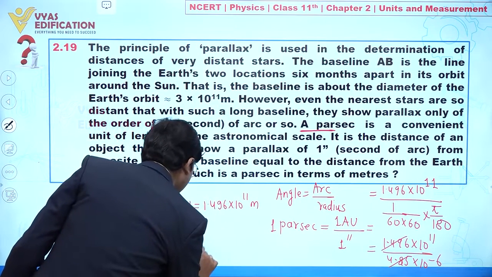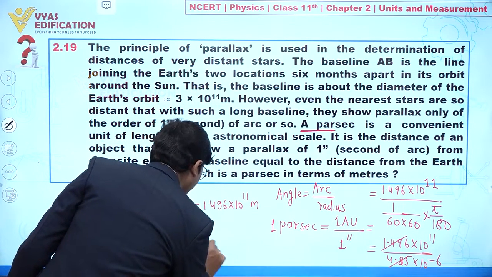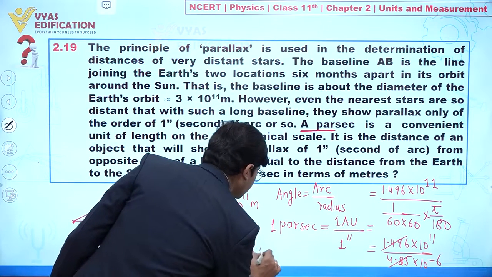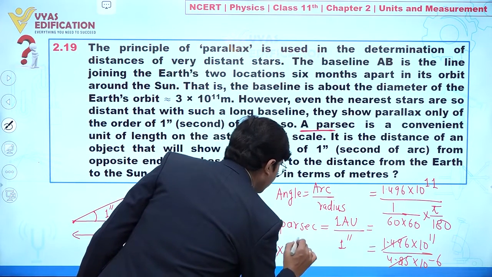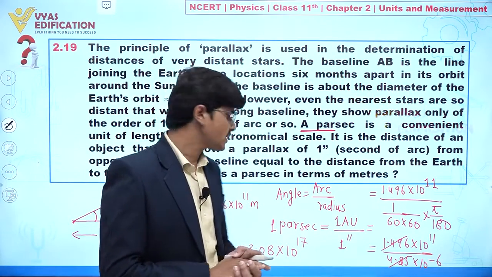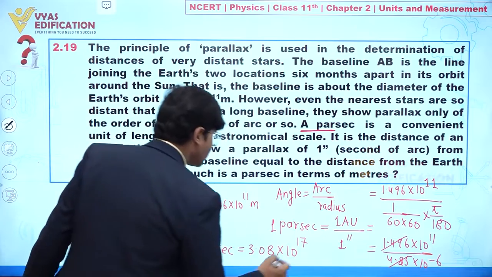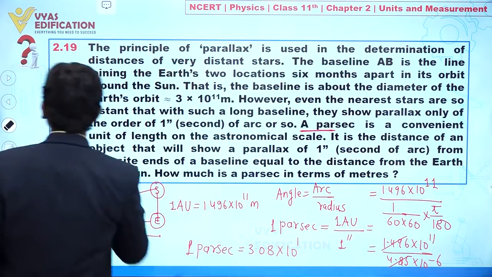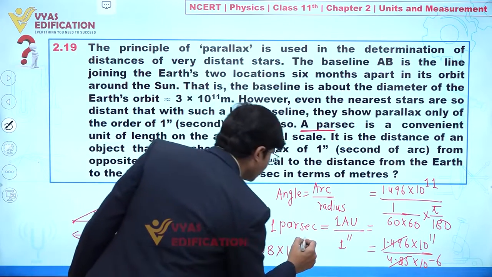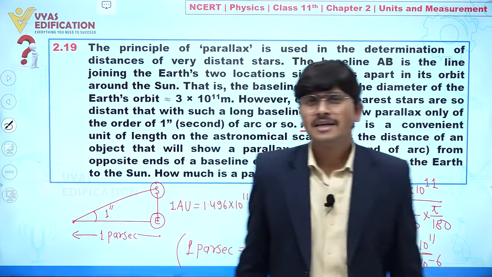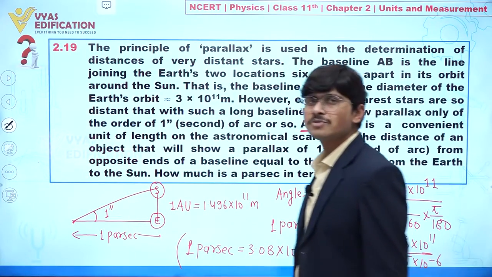So we can write like this, 1 parsec is equal to 3.08 into 10 to the power 16, and this is meter. So here we write the value of parsec in terms of meter.